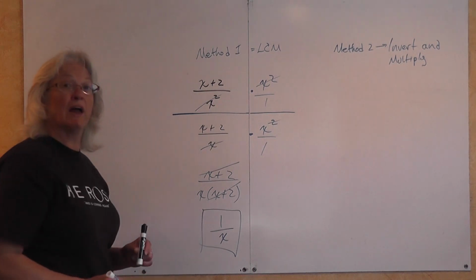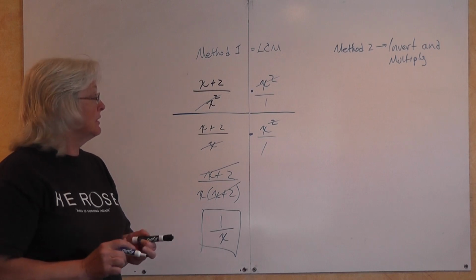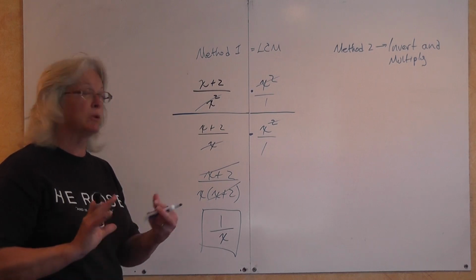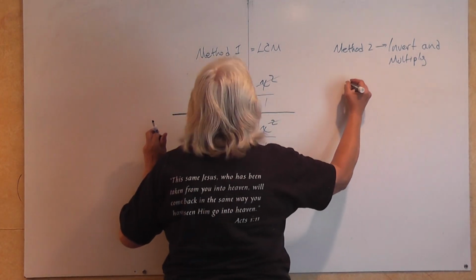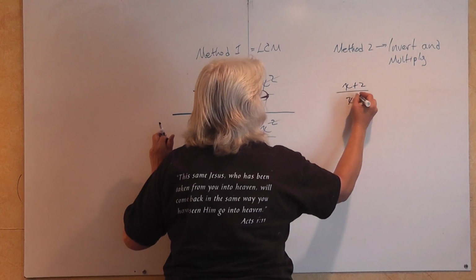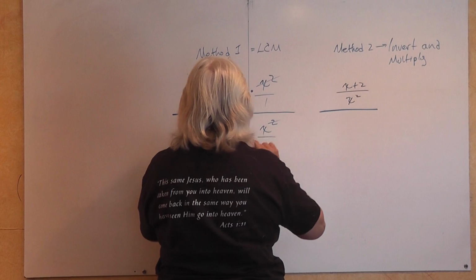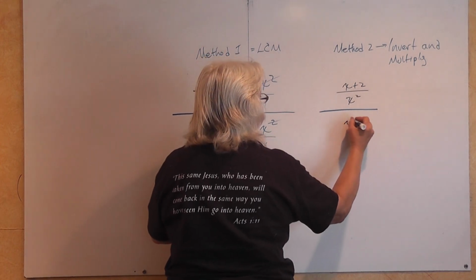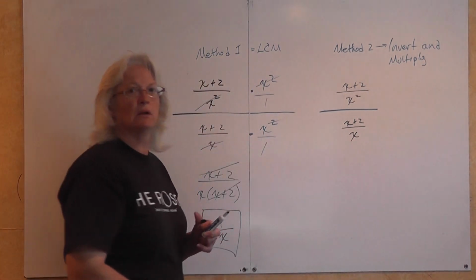being 1 over x. Now, let's use this different method here where we are actually multiplying, inverting and multiplying. We started off with x plus 2 over x squared, all of that divided by x plus 2 over x.